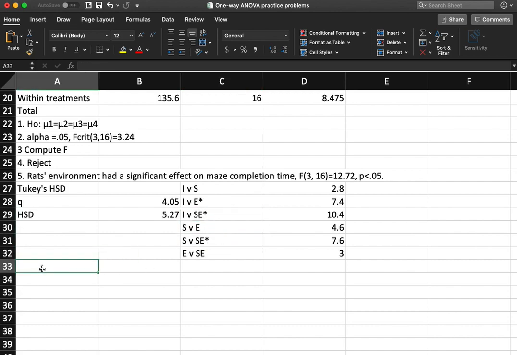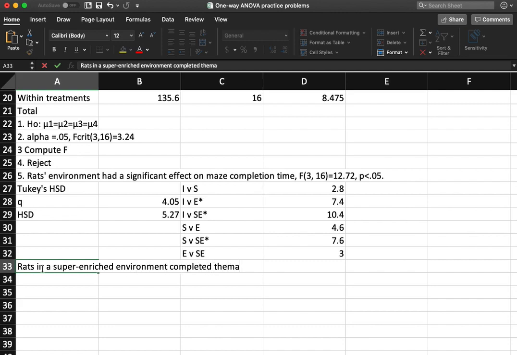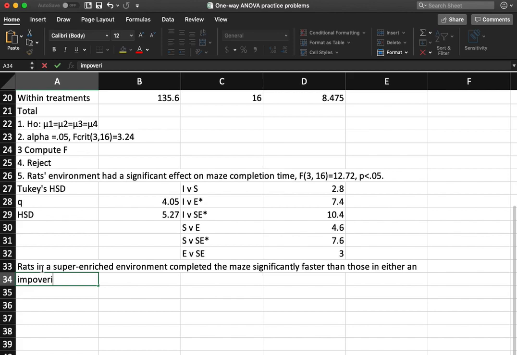So I'm going to say something like this for our sentence. Rats in a super enriched environment completed the maze significantly faster than those in either the impoverished, let's say, or a standard environment.